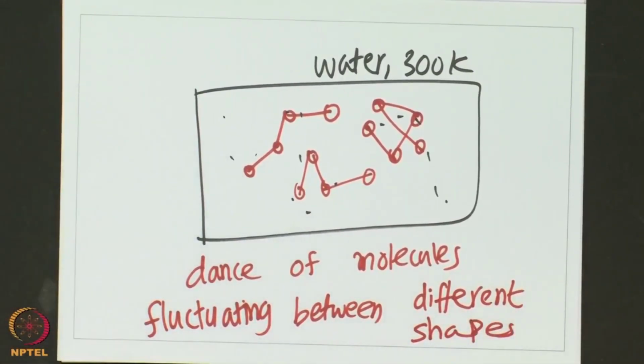So, many proteins would fluctuate between different shapes like this. If you think of this as monomers of a protein, and imagine them in water, they could take various shapes. This is one shape, this is some other shape. They could fluctuate between different shapes as we observe.